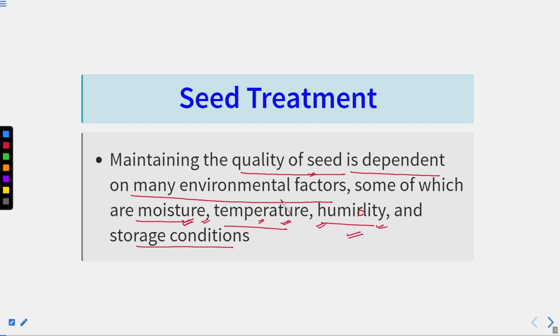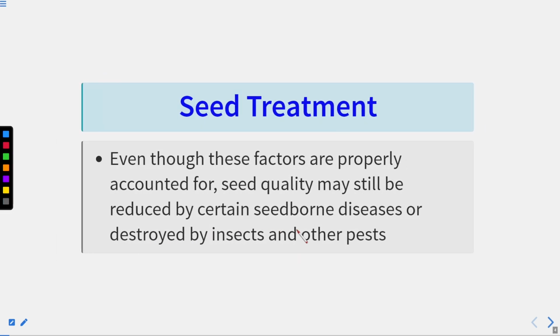If at the time of storage some seeds are having fungi or some insects, what will happen when you sow those seeds? This moisture, temperature, and humidity will be there, and it can promote the growth of the fungus, the insects, even the bacteria. So how to control that, that we are going to study here.